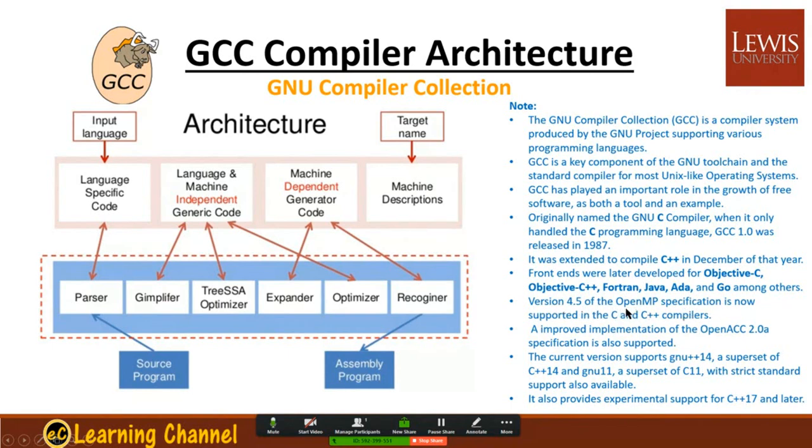Version 4.5 of the OpenMP message passing specification is now supported in the C and C++ compilers. Later it also supported C++11, C++14, and now C++17. So GCC is a compiler you definitely need to learn, and it will help you in your career development.